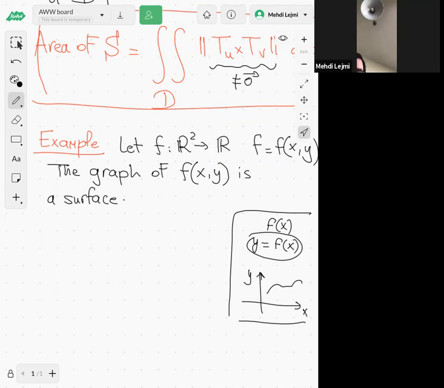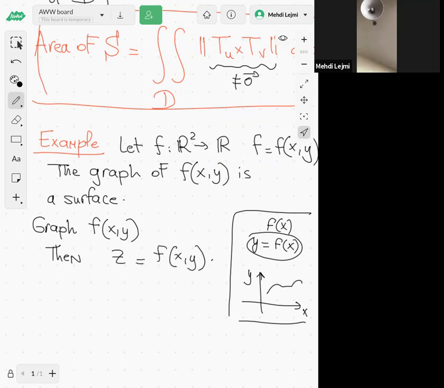Now we have this function f of 2 variables. So if you want to graph f, then you're going to need the z-axis. So we're going to graph f of x, y, then z would be equal to f of x, y.